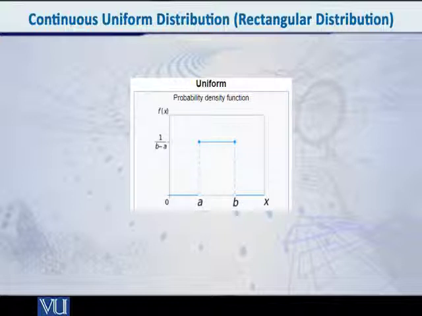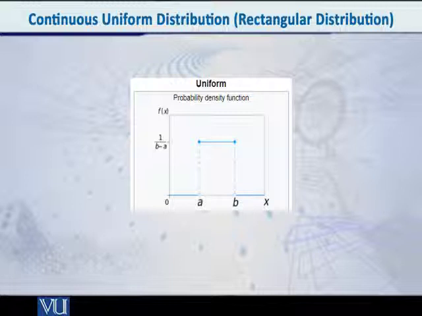So students, this is a constant. This is a constant value, right? So we are saying that for all the values of x lying between a and b, that is, lying between 3 and 5, the f of x, the ordinate, the height, is equal to 0.5.